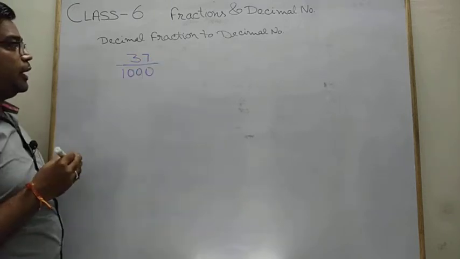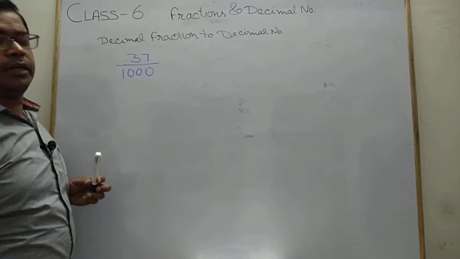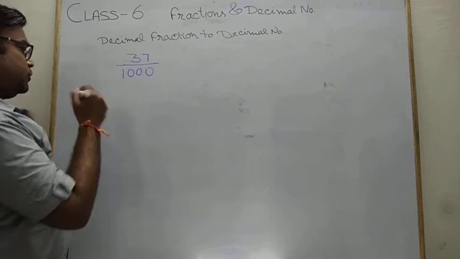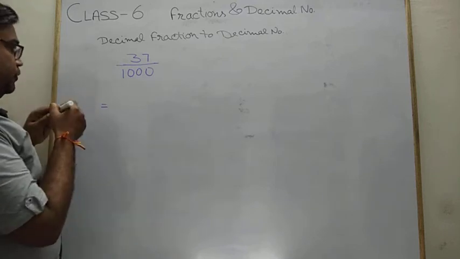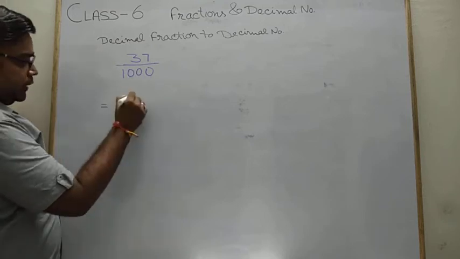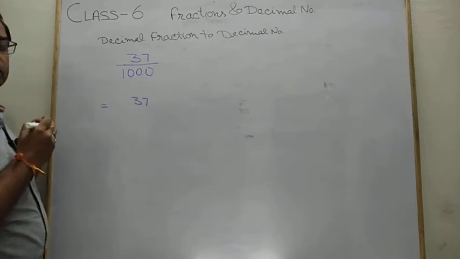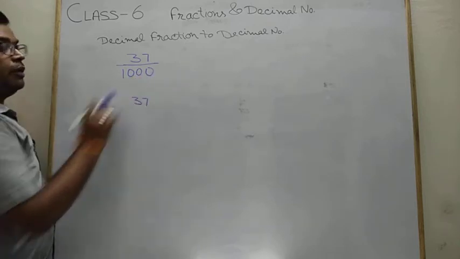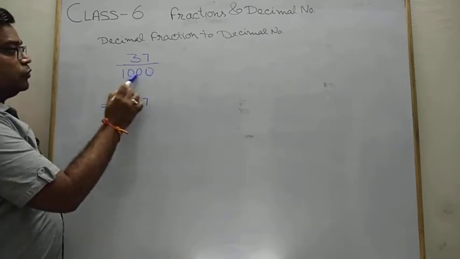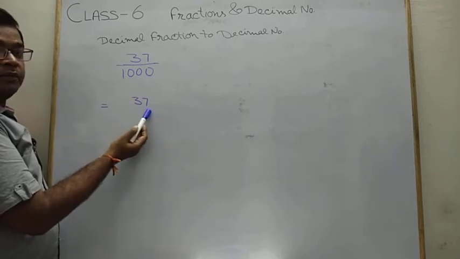Now as I told you the tricky method, use that tricky method, there is no need to divide. So how do we count? First write down 37, clear? Then count the zeros. How many zeros do we have? We have 1, 2, 3 zeros, but here we have only two digits, 3 and 7.